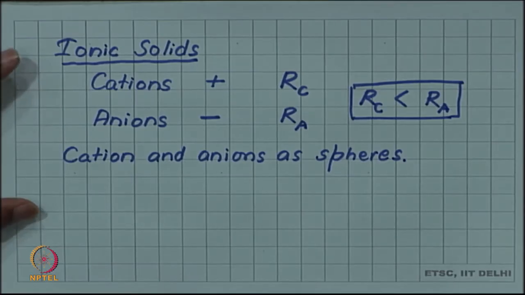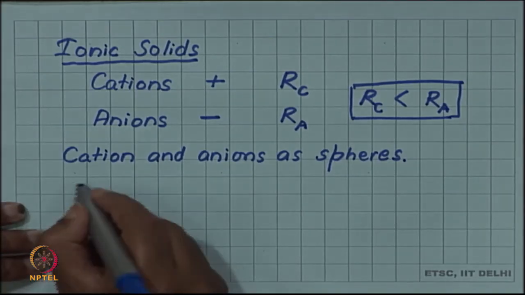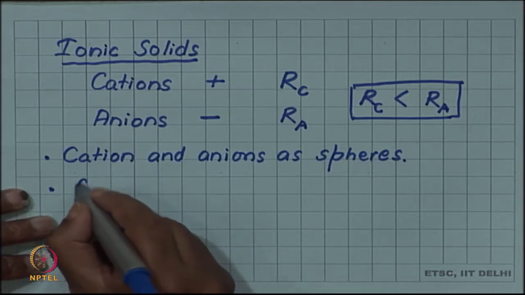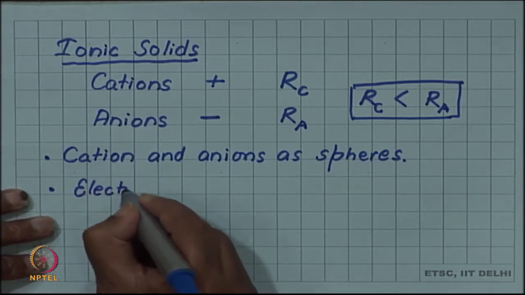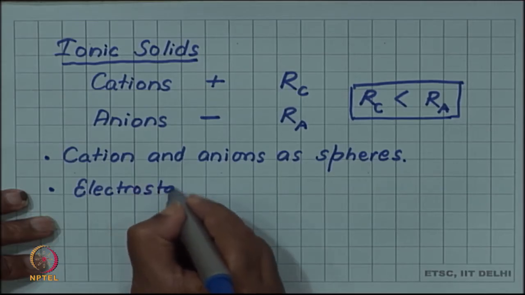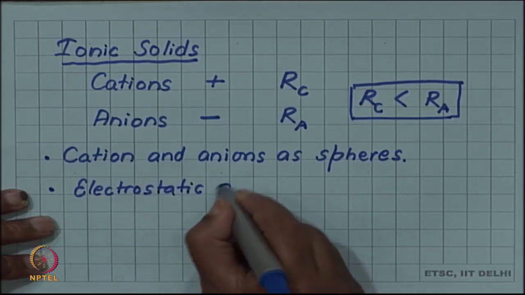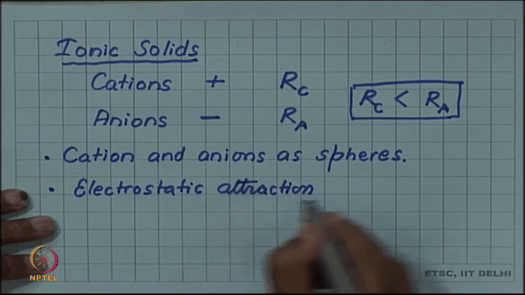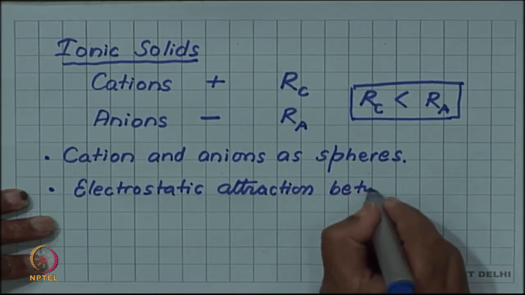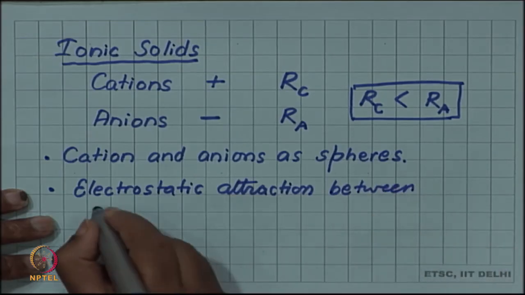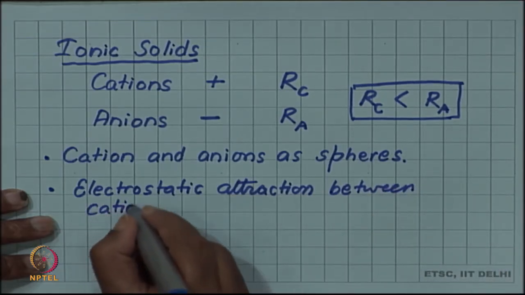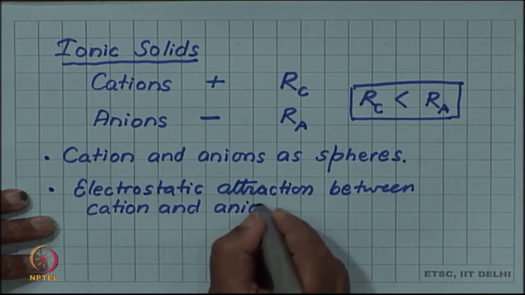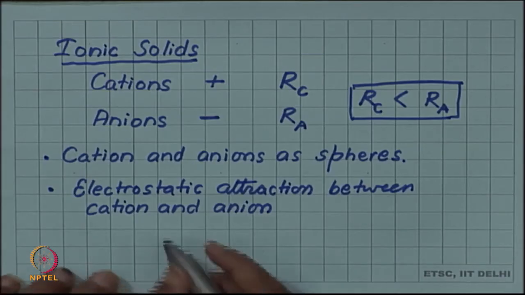Also, there will be electrostatic attraction between cation and anion, so they will like to come close together.